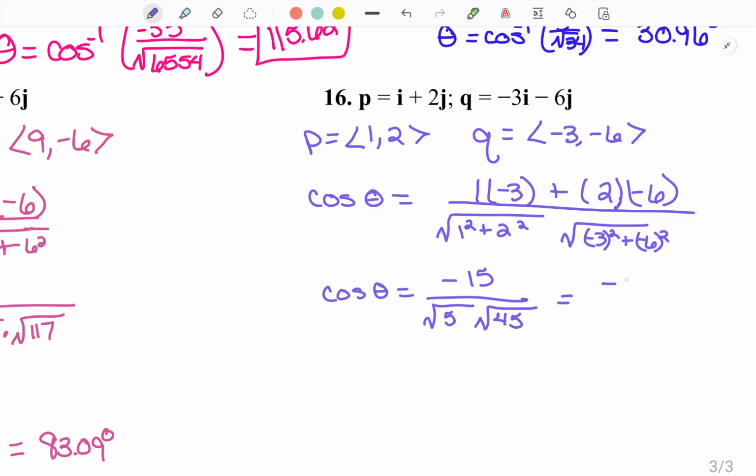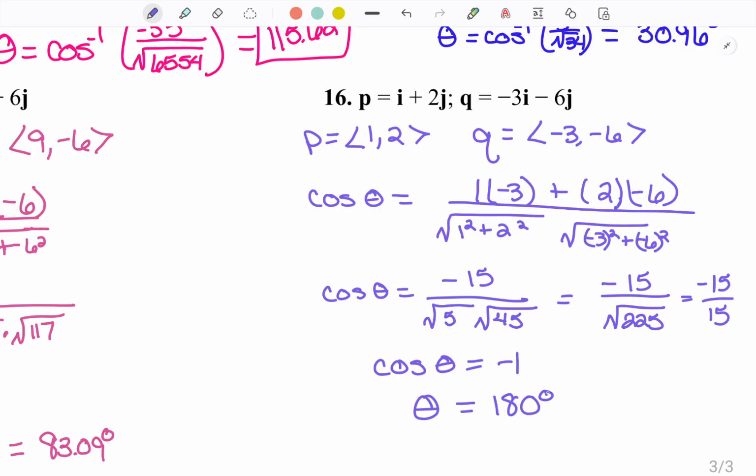So you will have -15 over the square root of 225, which will be -15 over 15. So cosine theta equals -1. And so that means that theta is 180 degrees.